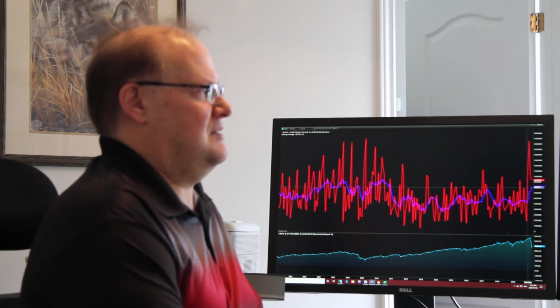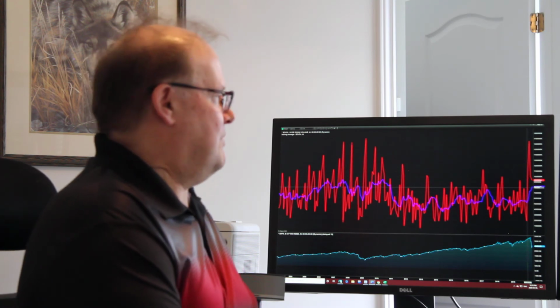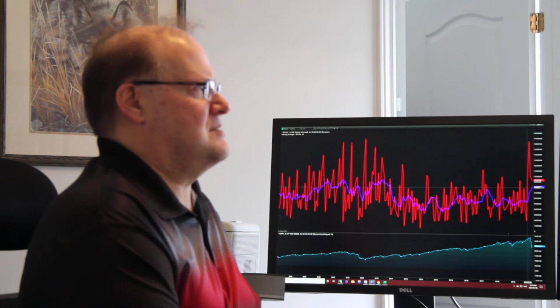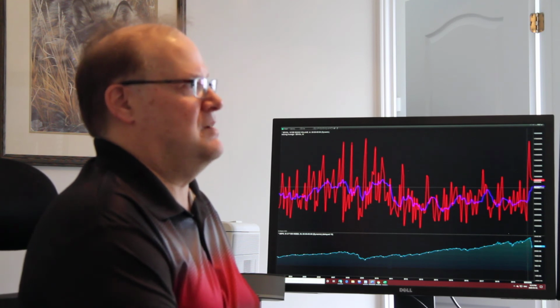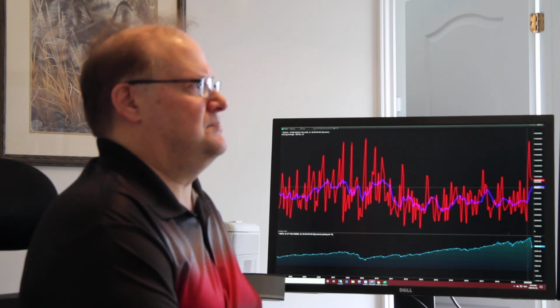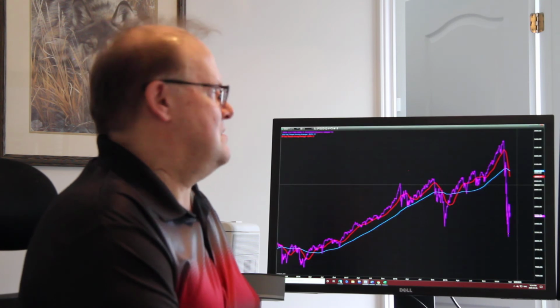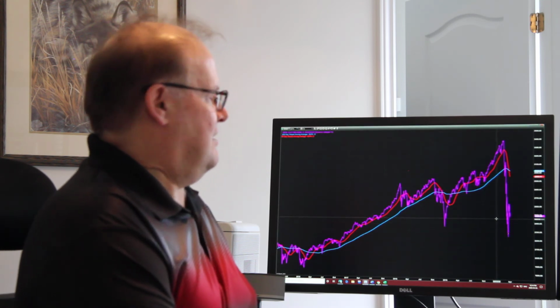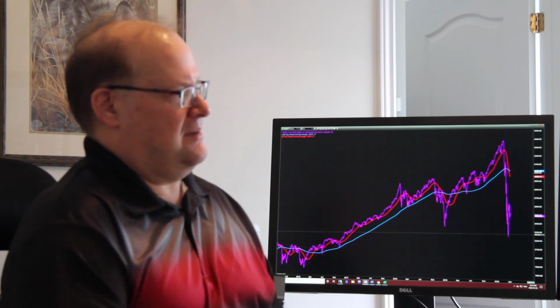Another thing is actual bear market rallies. What I will do is go back to this chart here. Basically the market doesn't go down and then come straight back up.